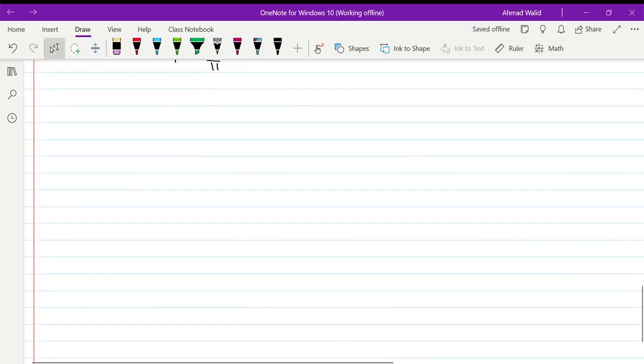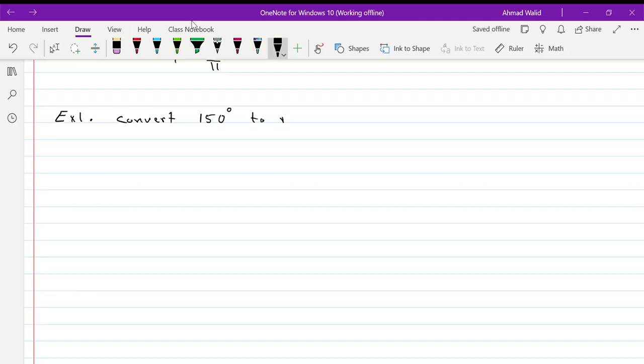Example number one. Convert 150 degree to radian. Correct? We are converting the degree to radian.